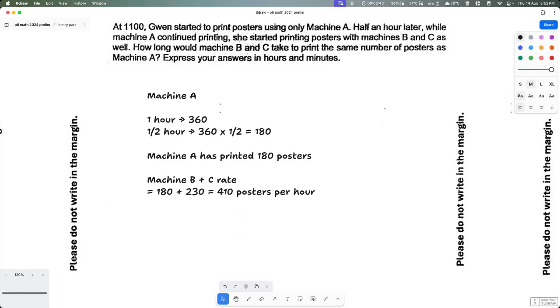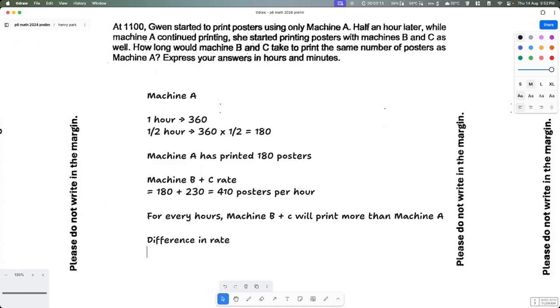For every hour, machine B plus C will print more than machine A. So the difference in rate is equal to 410 minus 360, which is 50 posters per hour.